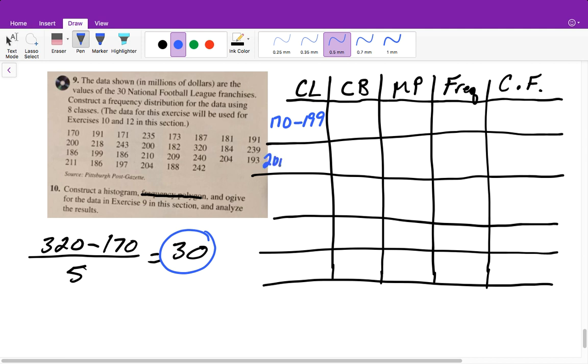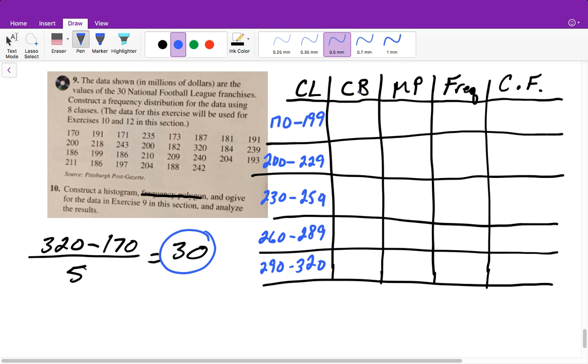Then it will be 200 to 229, 230 to 259, 260 to 289, and 290 to 320. All right. Make sure that you're subtracting that 1 because this 170 is included. So if you were to go to 200, you'd actually have a class size of 31 in this and not 30.